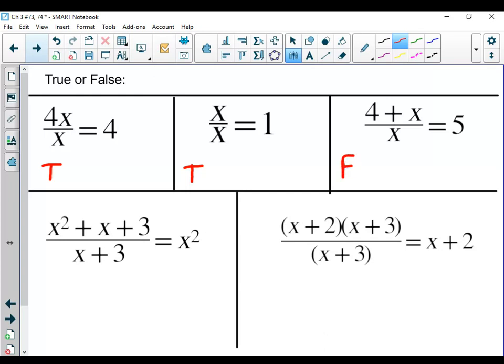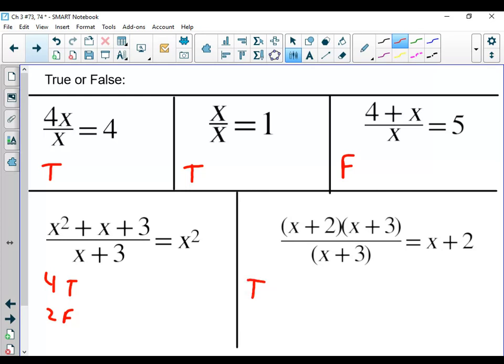Third or fourth one, if you said that was true, stand up. By the fourth one, I mean this one here. Okay, I got 1, 2, 3, 4 truths and 2 falses. Remain standing if you think the last one is true. That one was unanimous.